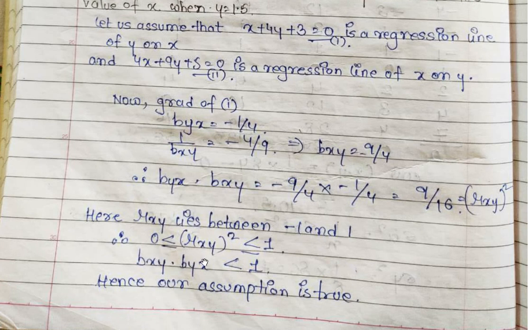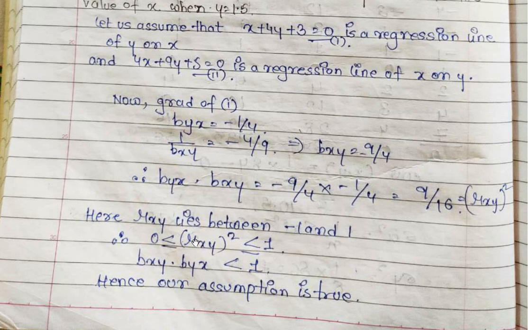So the product of bxy and byx must be less than 1. Is it true or not? So bxy into byx equals 9 by 16, and we can say that this is less than 1, because rxy must lie between minus 1 and 1, as we have done in the previous note on the correlation coefficient.